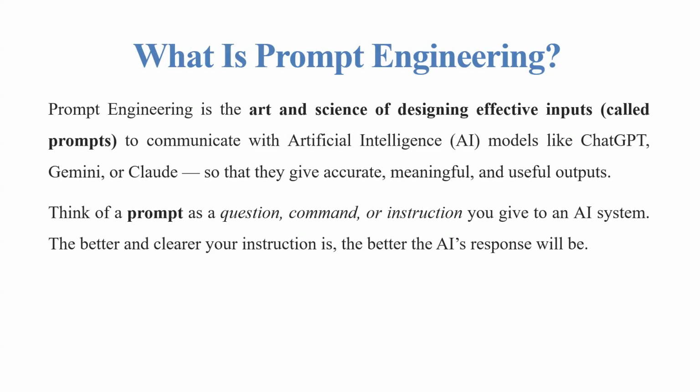Why is it called a science? Because small changes in the wording of a prompt can produce a very different result. By experimenting and improving the prompt, we can consistently obtain better output. That's why prompt engineering combines both creativity and logical thinking.